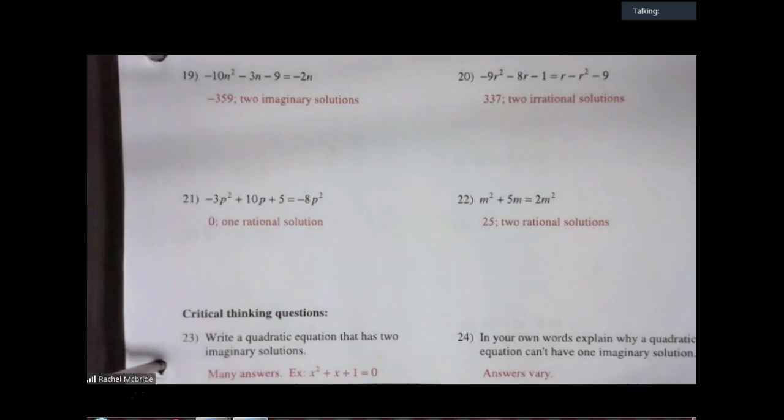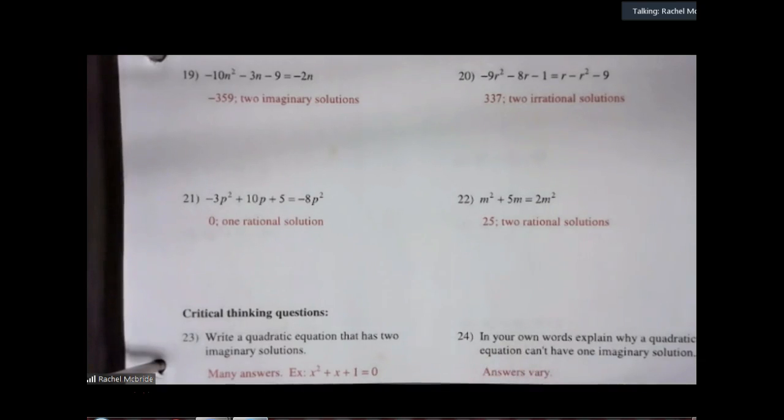Okay. So if you have 2 imaginary solutions, then what we want to do is make sure that this is not factorable and your discriminant is negative. So you could just play around with a quadratic until you find a discriminant value that is negative.